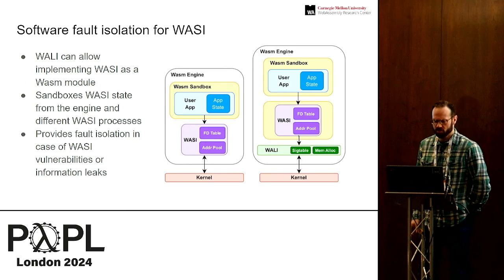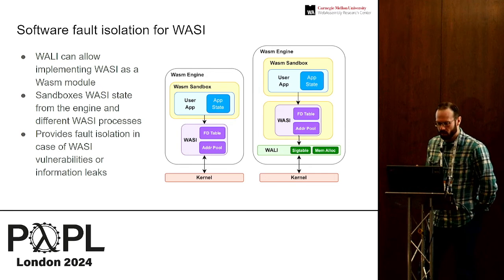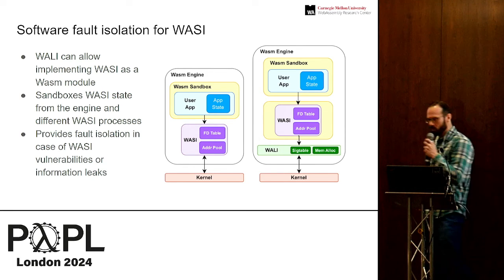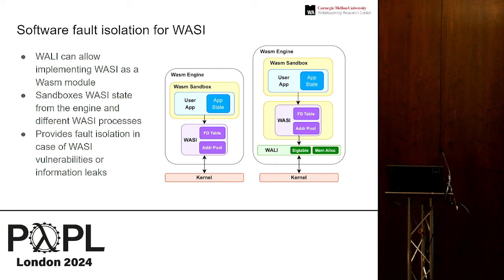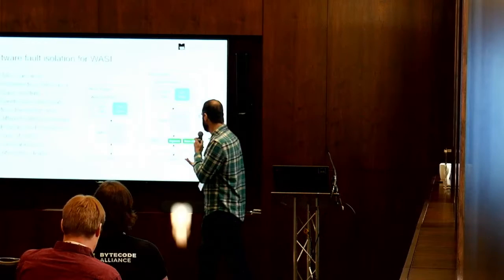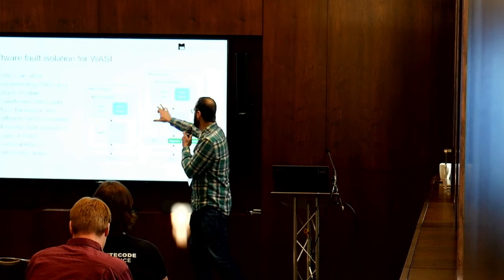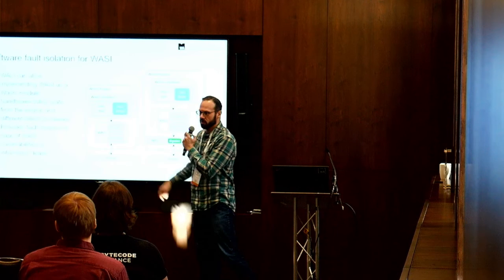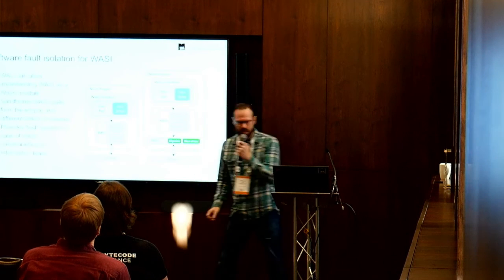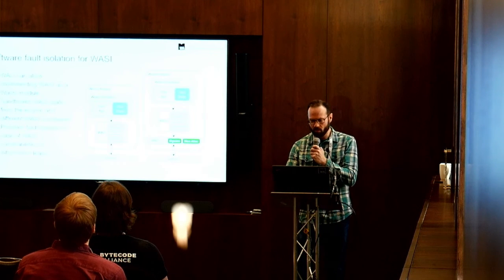So that little library that implements WASI, maybe we can actually prove that it's correct. So just to give that an illustration here, in the world before we had WALI, the WASI implementation would live inside this WASM engine. And so it could potentially have bugs in it. In the new world, that lives inside of a WASM module. It's a WASM sandbox thing. And so, you know, my amazing art skills here.